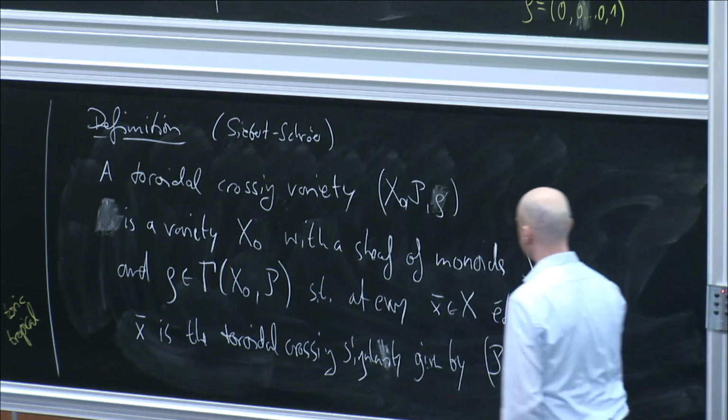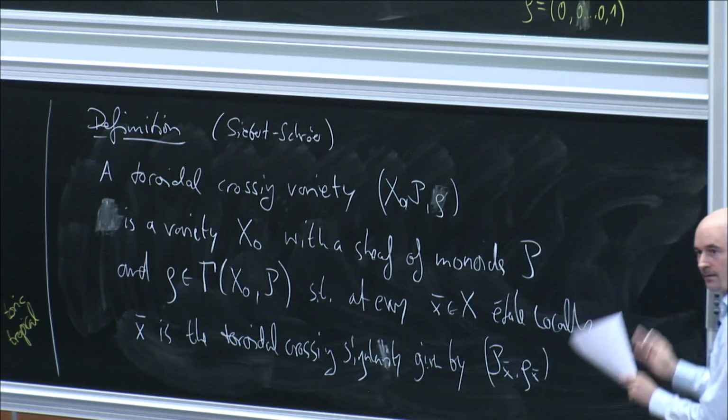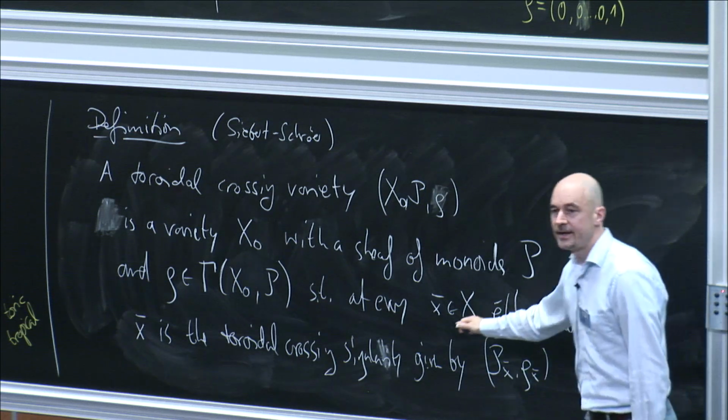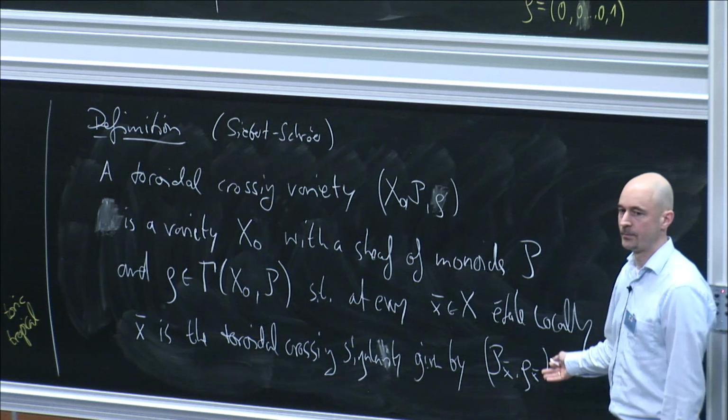So you have this data globally. P is a sheaf, rho is a section in it. You can look at it at every point x bar, and then the space is supposed to be given by that type of singularity at the point.